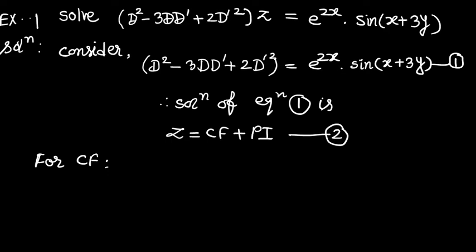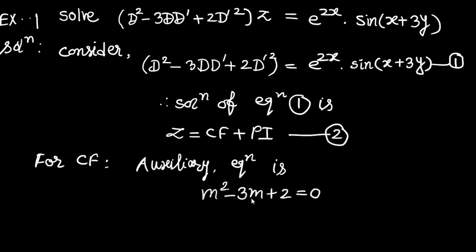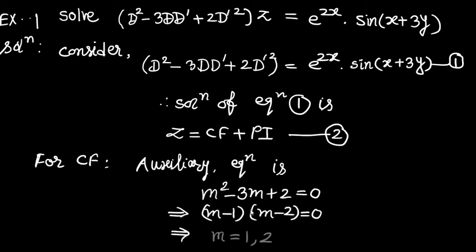Then for CF, we write down the auxiliary equation: in this f of D, D dash term, substitute D equal to m and D dash equal to 1, and we get this auxiliary equation. We solve this equation by any method, factorization, synthetic division, or by using a calculator. The roots are m equal to 1 and 2, real and different.